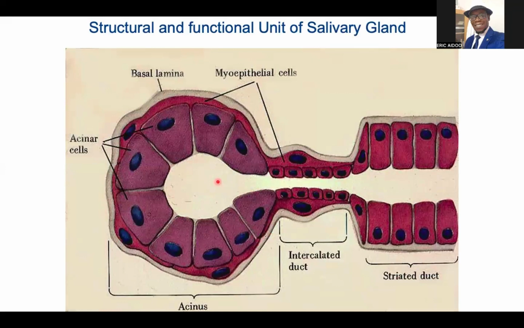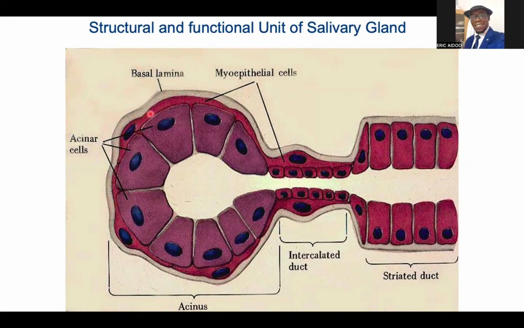Then the salivary glands have this architecture. You have this circular or spherical portion that will contain the acinar cells, within which you have the myoepithelial cells surrounding the acinar cells. Then that is the basal lamina or basement membrane of the lining epithelia.